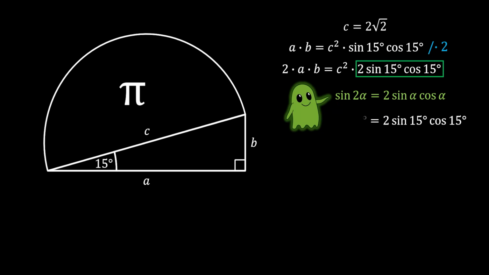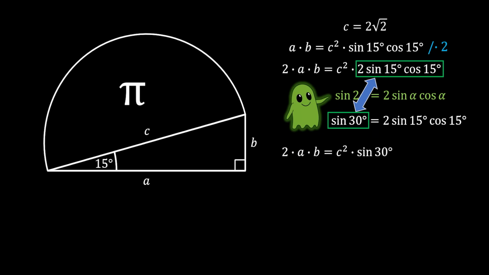So we can say that this equals the sine of 2 times 15 degrees, which is the sine of 30 degrees. So we can just substitute that value for the sine of 30 degrees, and we will get the following.